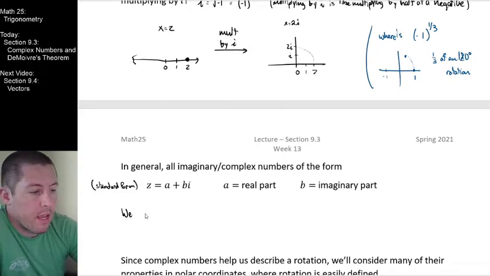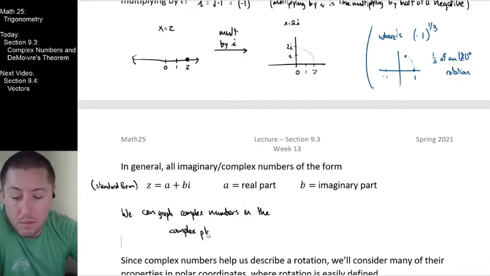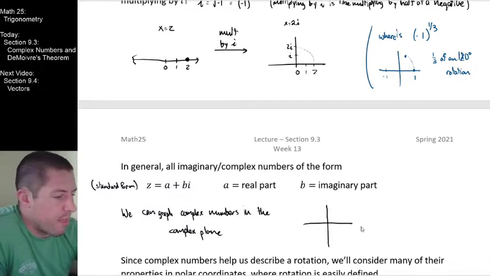And we should also say we can graph complex numbers in the complex plane. This is really easy. The only thing a little bit weird is that we're just graphing a single number as a point rather than an ordered pair.